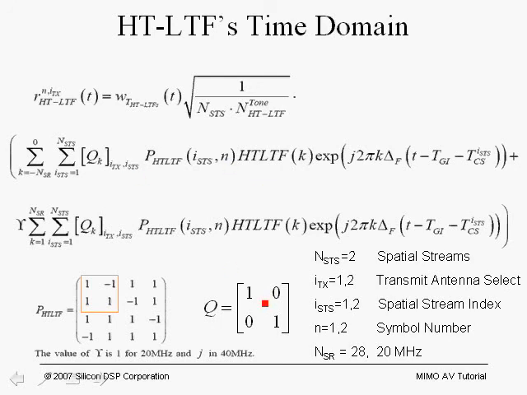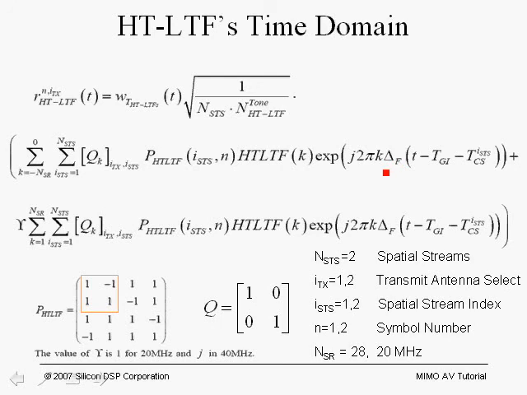Q, of course, is an identity matrix shown over here, and we make sure that we pick out only the expression when the number of the spatial stream corresponds to the index of the transmit chain. And the exponential represents the carriers, spaced apart 312.5 kilohertz.